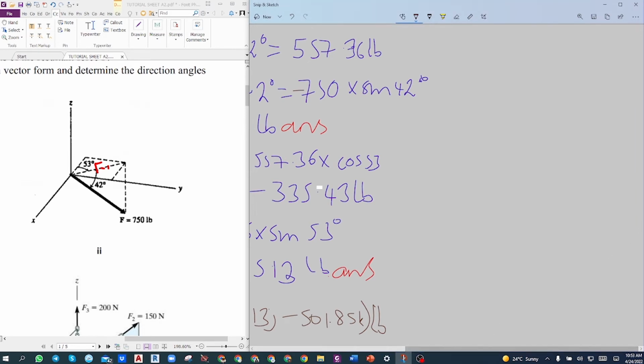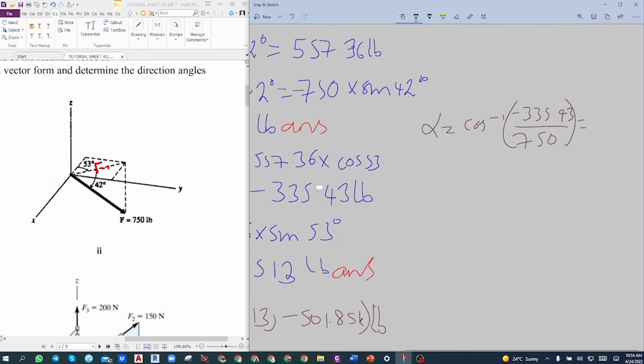That's your answer for expressing in Cartesian vector form. Finding the angles as we were told. So our alpha is equal to cos inverse of minus 335.43 over 750.